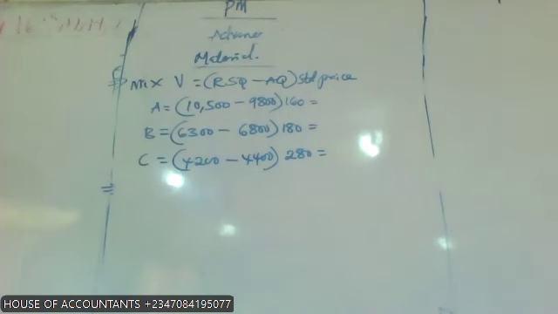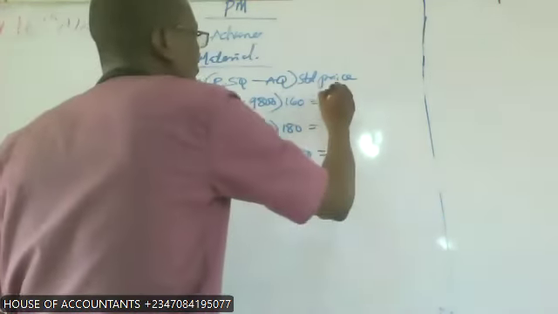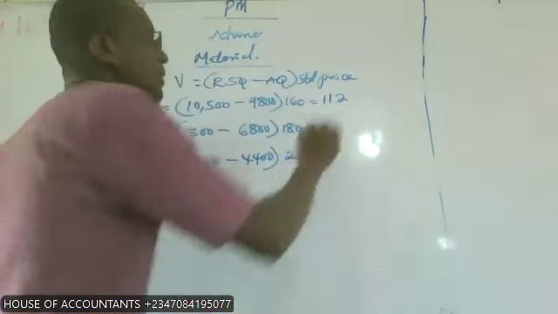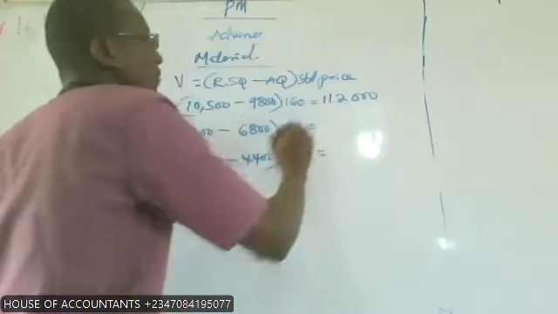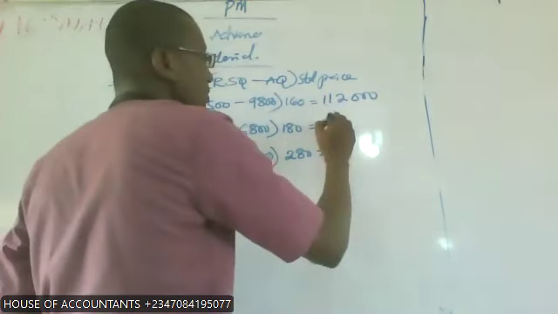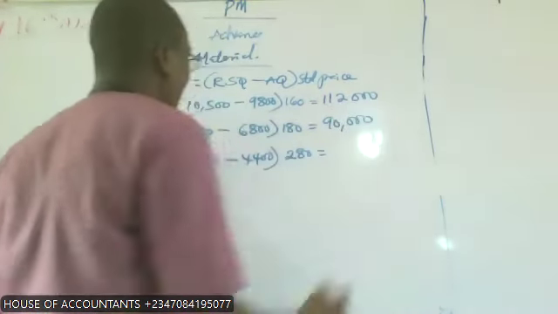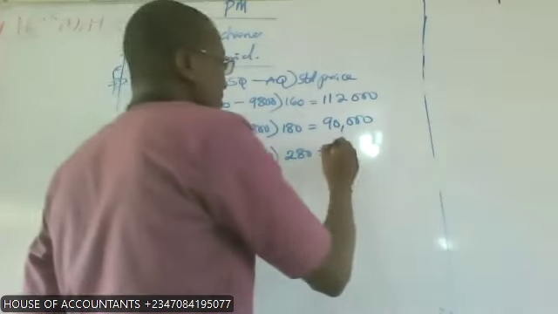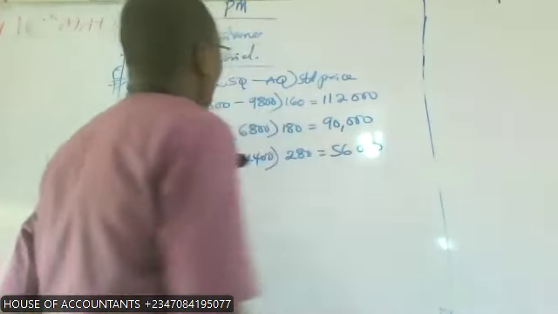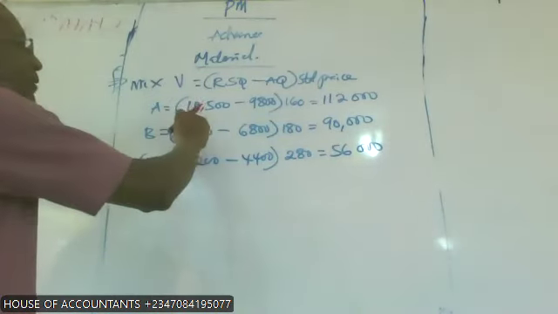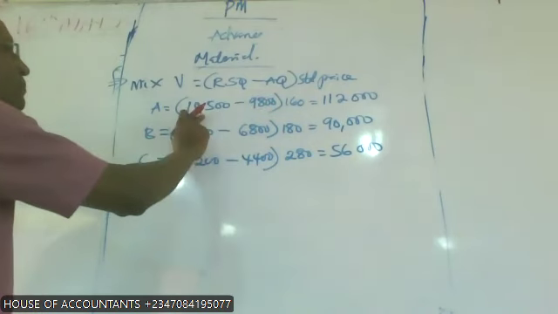The first one is 112,000. Then B part, 90,000, and C part, 56,000. So we need to know if it is adverse or favorable. This is actual now, this is before actual.